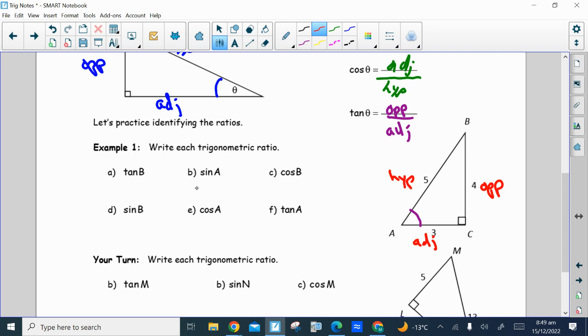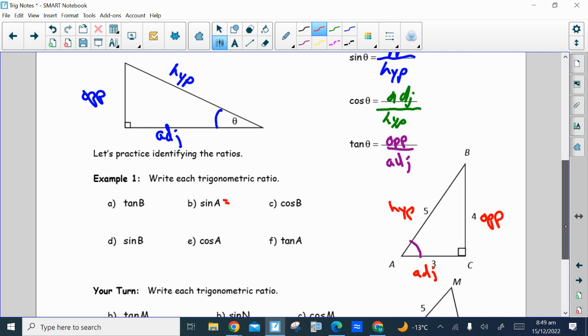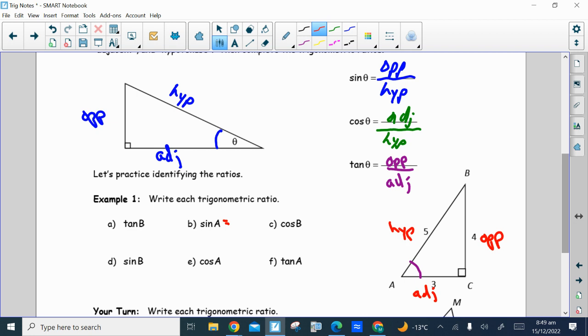So question B here is asking for the sine of A, question E is asking for the cosine of A, and F is asking for the tangent of A. We're going to do those first because we've got our triangle labeled from angle A. Remember that sine is opposite over hypotenuse. That's what the SO part tells us. From angle A, the opposite is 4 and the hypotenuse is 5. That's the sine ratio for angle A, 4/5.